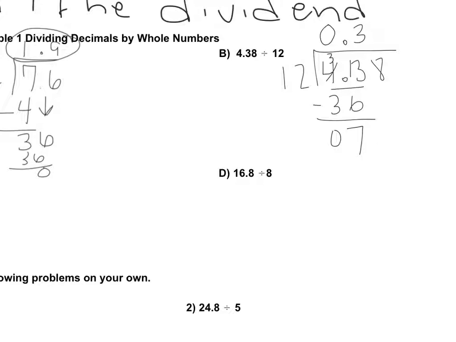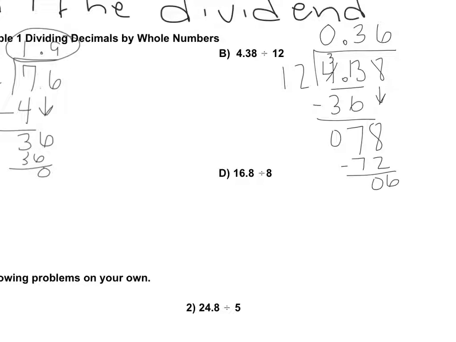12 does not go into 7, so we got to bring down that 8. Make this 78. And then we take 78 and we divide that by 12. Great opportunity to use your multiplication chart. 12 goes into 78 6 times. 78 minus 72. 8 minus 2 is 6. 7 minus 7 is 0.